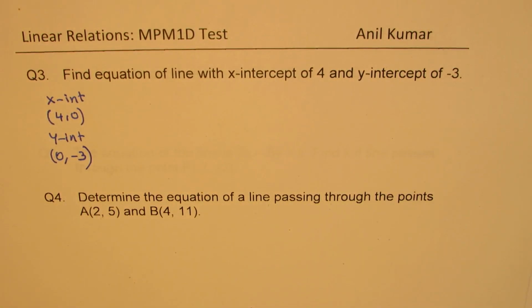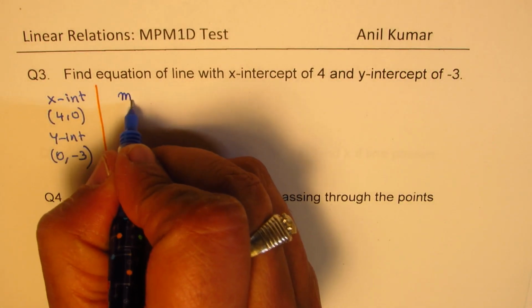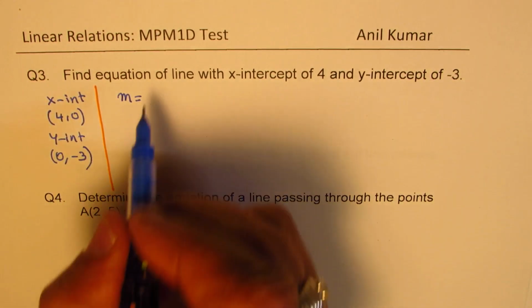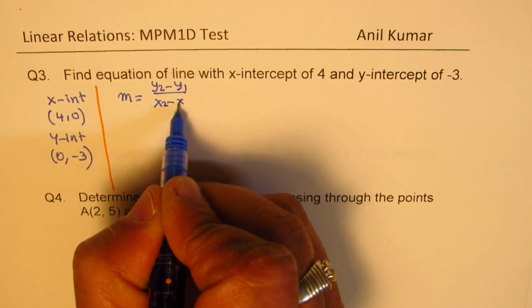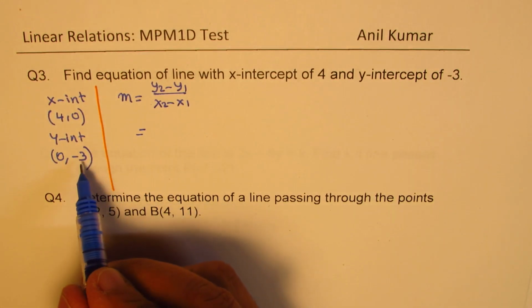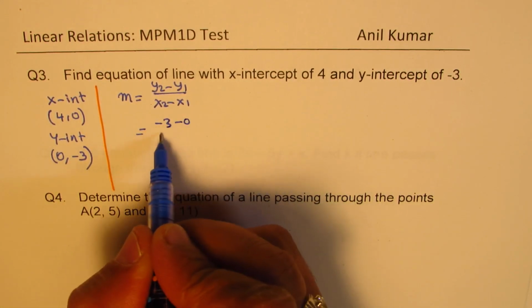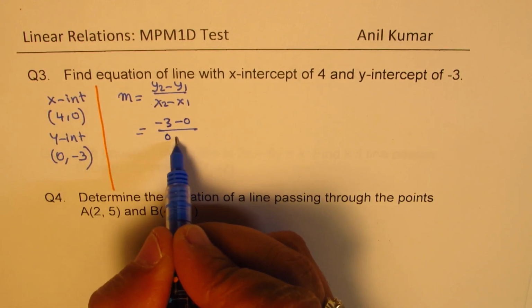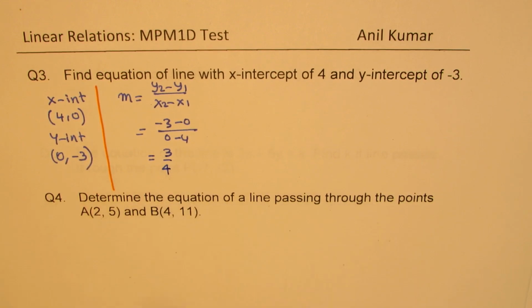Now from these points, we can always find the slope. Let's find slope m, which is y2 minus y1 over x2 minus x1. So in our case, we can take minus 3 minus 0 over 0 minus 4. So both are negative, so it becomes 3 over 4 as positive, right?